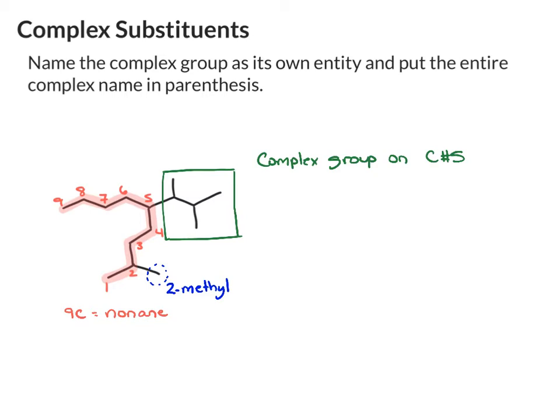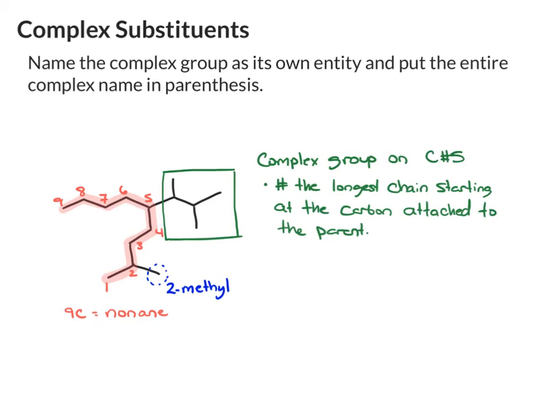We almost treat this as naming a separate molecule within this group, and we're going to give it its own numbering scheme. So what we do in this group is we number the longest carbon chain starting at the carbon attached to the parent. This is a little bit different than our usual rule where we just pick the longest carbon chain, which you might reasonably say is this, but this doesn't start at the parent.